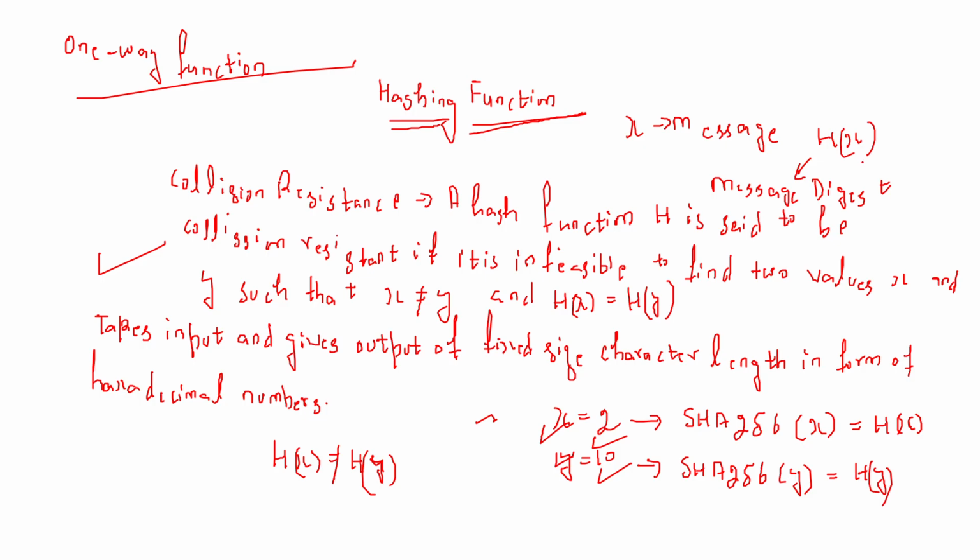We eat a lot of food, we digest it, and we extract out a limited quantity. In a similar analogical way, we can say that no matter how large the message input is, this hashing function will give you a fixed output of 256 bits. That's why we call the hash value the message digest.